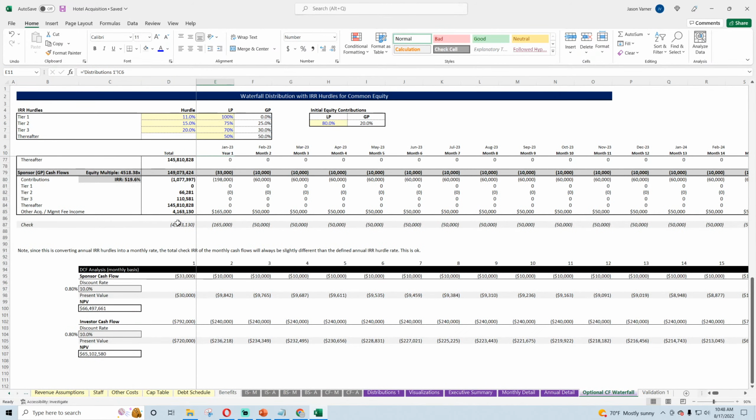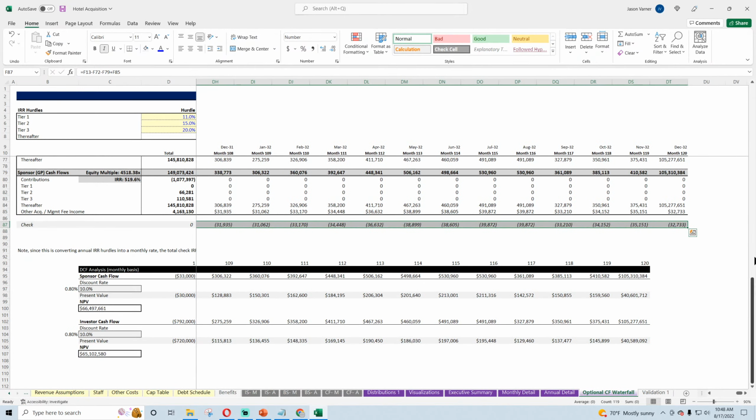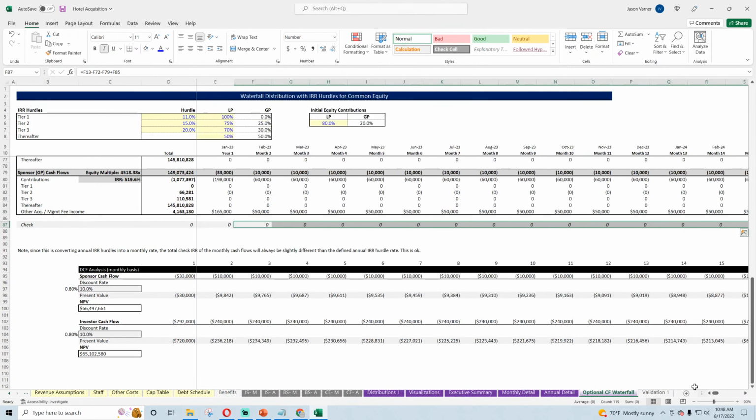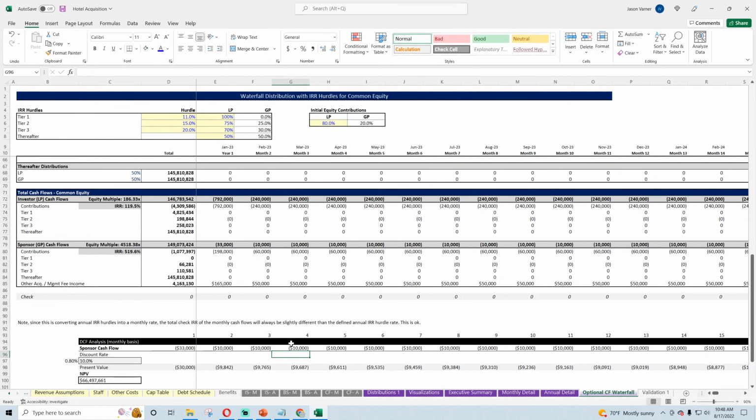So we have to zero that out in our check calculation by adding this fee into our check. Okay, and then everything else flows off of here, off the sponsor. Okay, so yeah, this is fine. So there you have it.